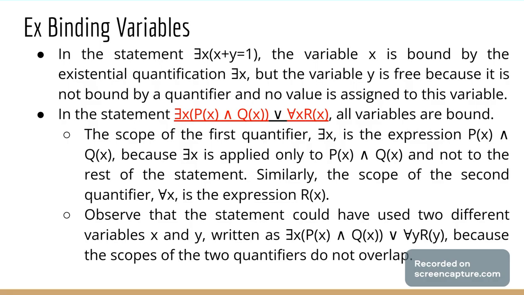How far a particular variable is bound is what a binding variable is about. Let's look at an example and then we will go for the theory. Look at this statement: there exists x, x plus y is equal to 1. Here the there exists quantifier is binding the variable x.